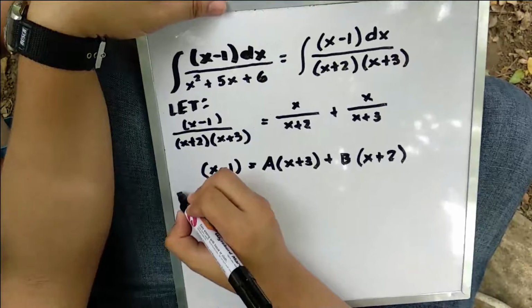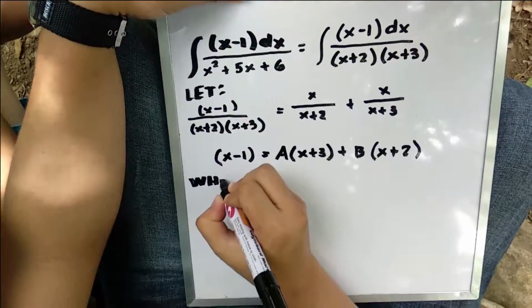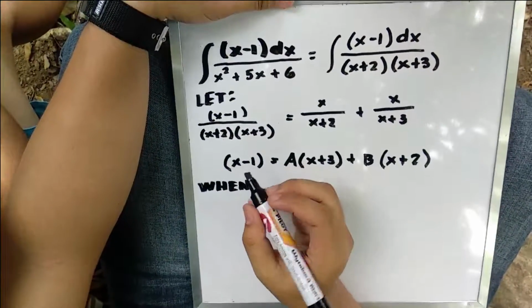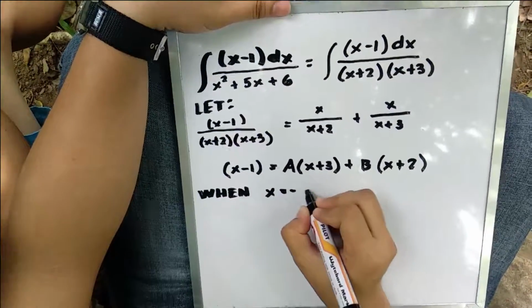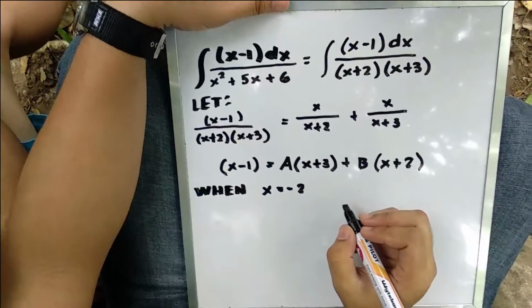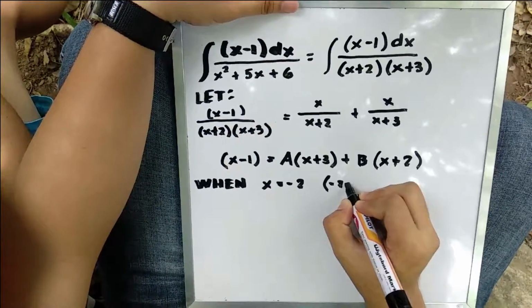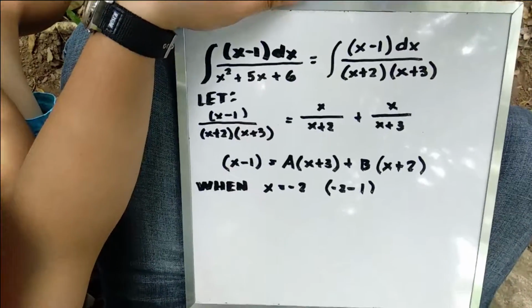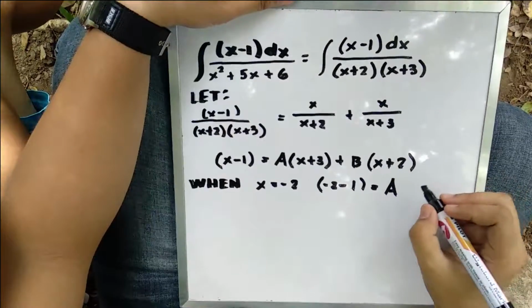Finding a and b, we use the zeros of the factors. The zeros of the factors will be used as values of x. The zeros of the factors x plus 2 and x plus 3 are negative 2 and negative 3, respectively.